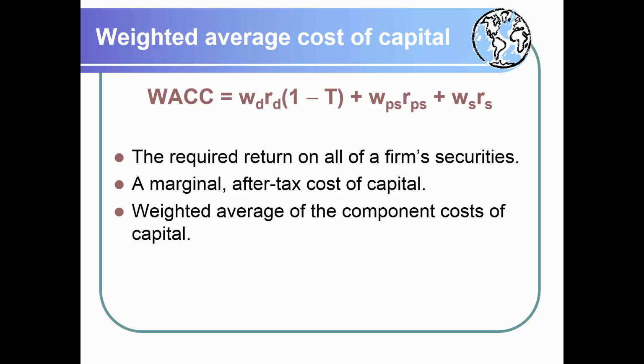So what we are doing is the weight of bonds multiplied by the after-tax cost of debt. WPS stands for the weight of preferred stock multiplied by the cost of preferred stock. And the last one is the weight of common stock multiplied by the cost of common stock. So that is the weighted average cost of capital.